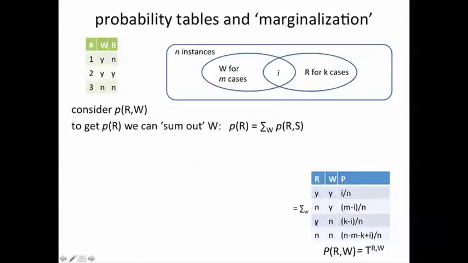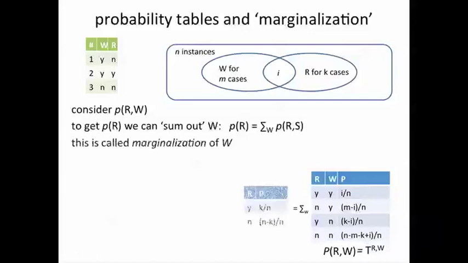So the first row and the third row get added together, the second row and the last row get added together, resulting in the following, which is also called the marginalization of the W column.